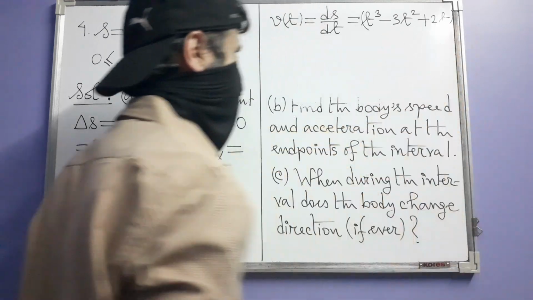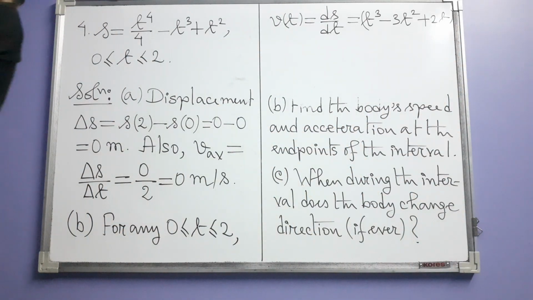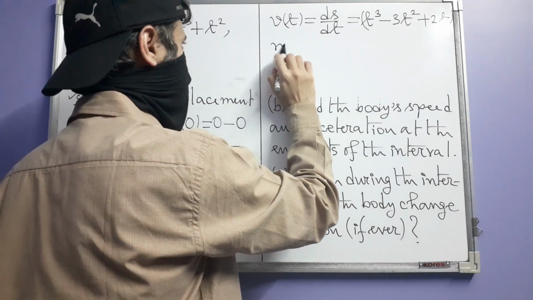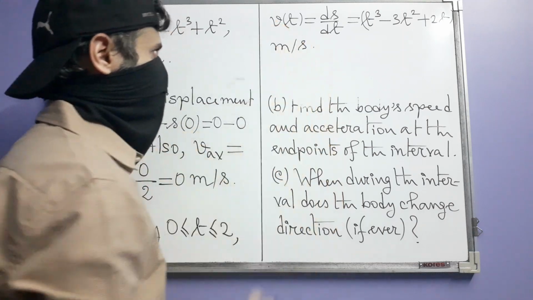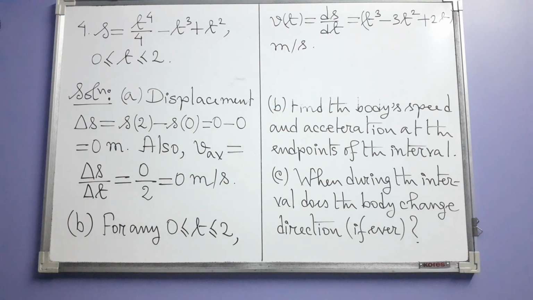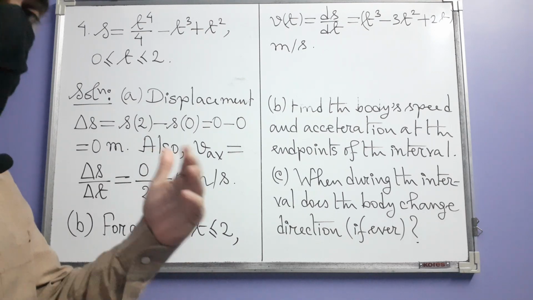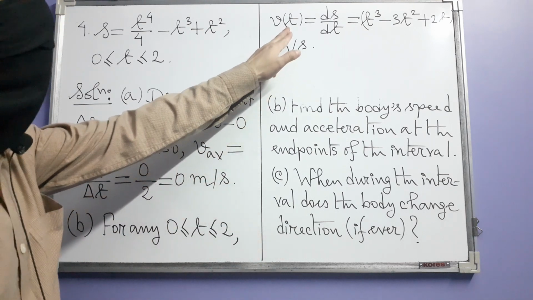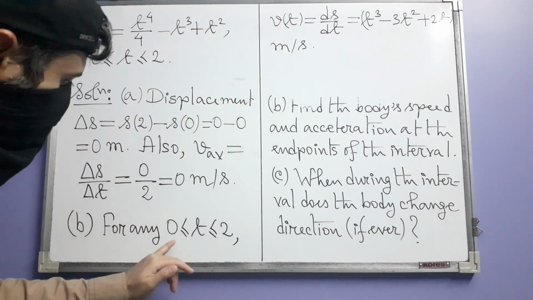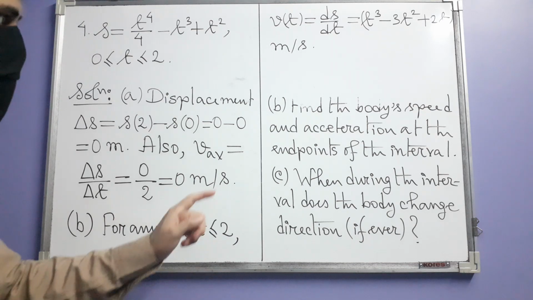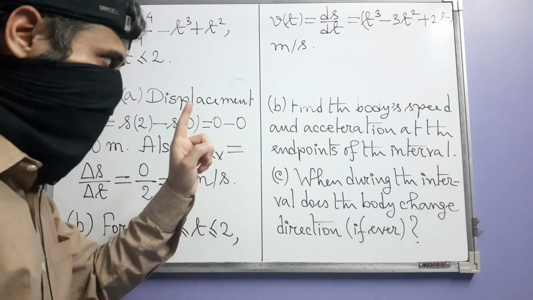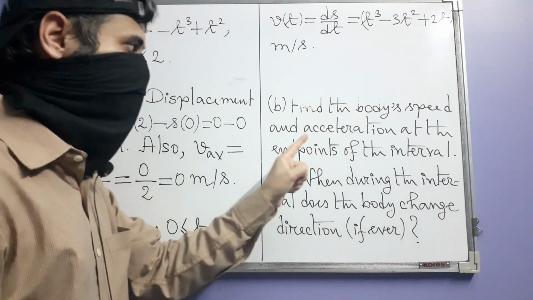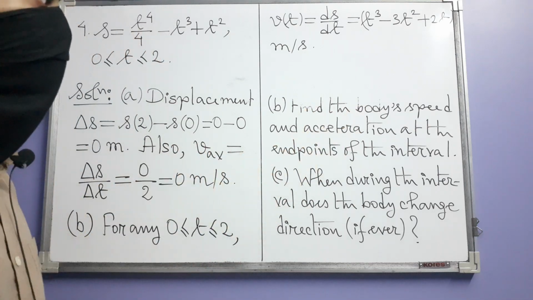Because units are given, let us also write meter per second. This is the instantaneous velocity of the body at the time instant t, where t lies in this interval.